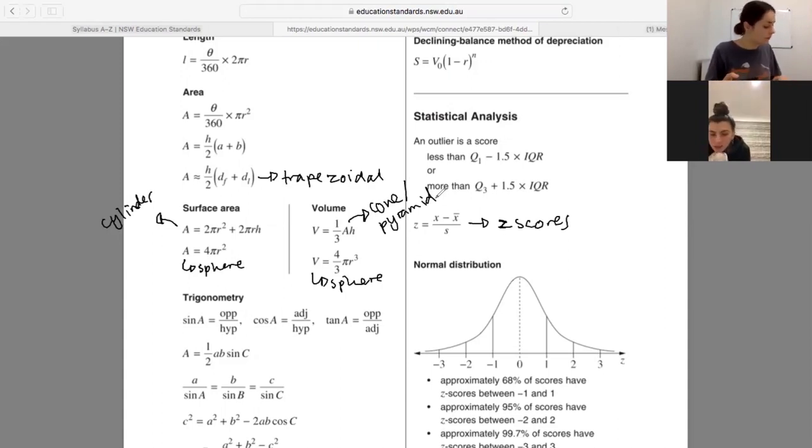Trapezoidal. And then we already know the spheres. That one, the area.